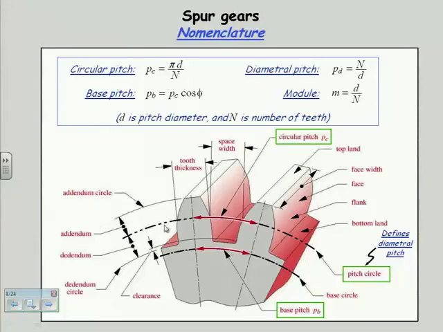And the dedendum, that which is subtracted from, is down to the root. And the dedendum is a little bit bigger than the addendum, so there's clearance for the other tooth to go through without stubbing its toe. The base pitch is the diameter of the base circle. And of course, these circles, pitch and base, don't physically exist. I can't pick up a gear and see it painted on there. They're there, but I don't see them.